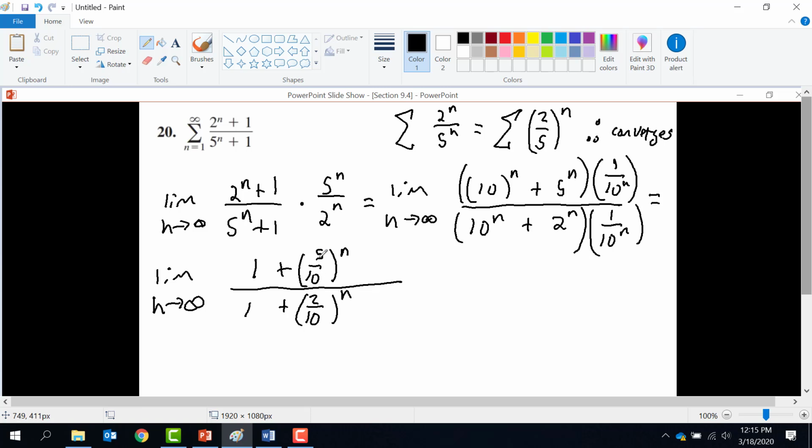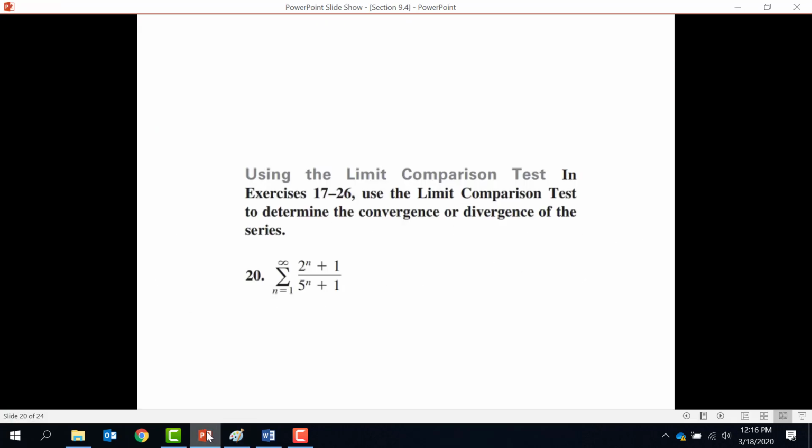Both of these are exponential functions. Both of these have a base that's less than 1. And so both of these go to 0. And so your limit is 1. And therefore, your original series converges, since your comparison series converges.